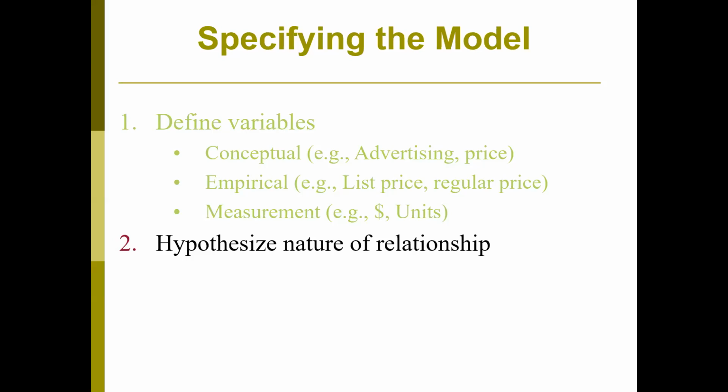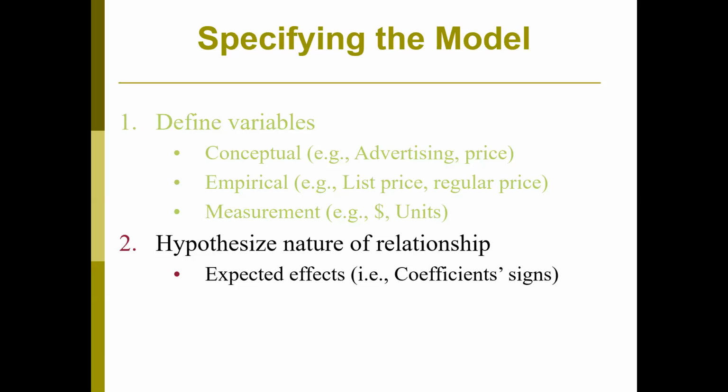When I say linear, I mean the relationship between the variables is going to be a straight line. And when I say non-linear, the relationship between the variables is not going to be a straight line. That is the reason why I need to hypothesize from the beginning of modeling the nature of the relationship.